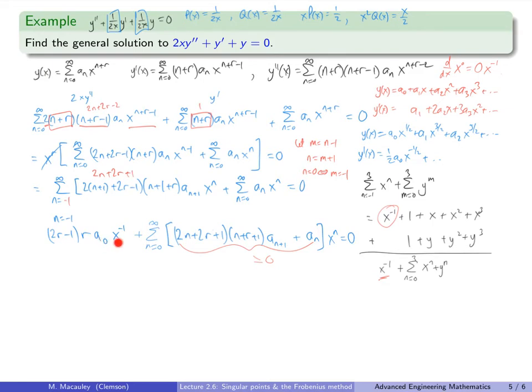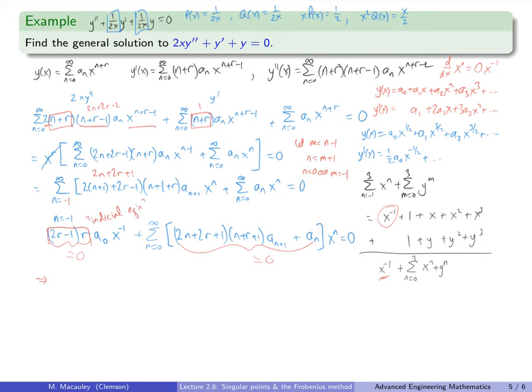And x to the minus 1 is not 0 either. So we have to have that this guy is equal to 0. So what this tells us, first of all, sometimes this equation in r is called the indicial equation. I guess that's from indice. I didn't name it. I don't really call it that. But you might see it around.